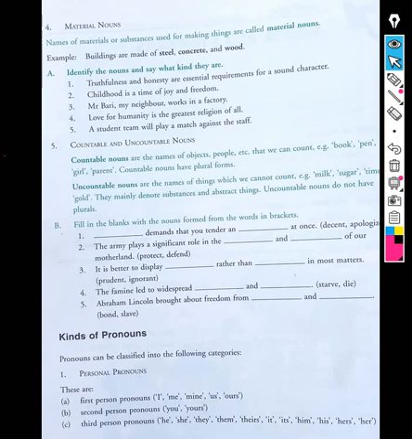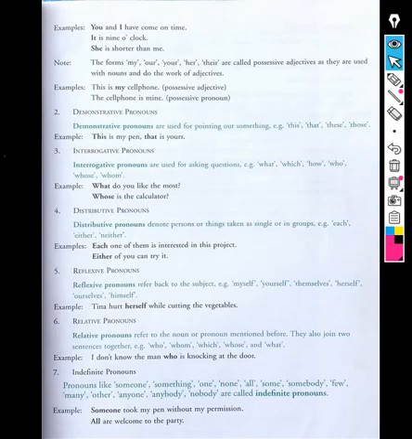His, this is the possessive case of he. Hers, possessive case of she. And her is the objective case as well as possessive case. So these are examples of some personal pronouns.